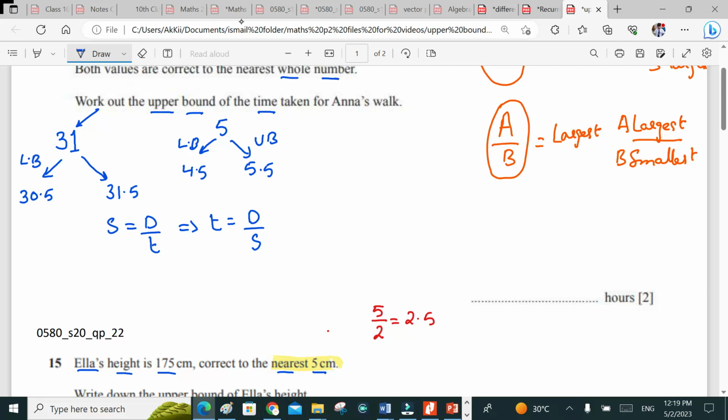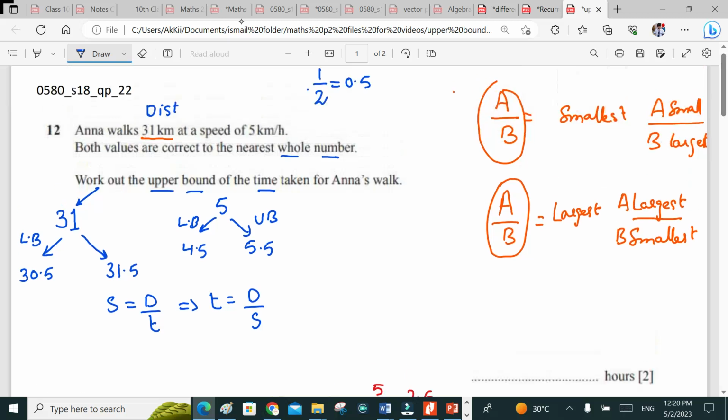So how am I going to put these values? My question is asking me about the upper bound, and the upper bound means the largest value, so I have to put the largest value in the numerator. The distance is 31, so the largest value is 31.5, and the speed must be the smallest one.